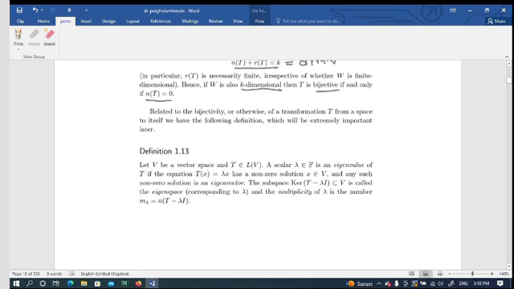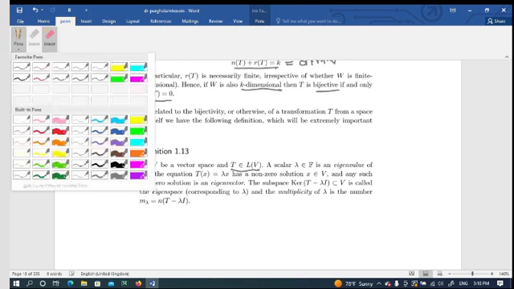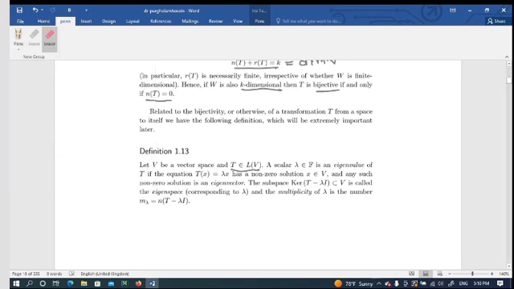Let V be a vector space and T be a transformation from V to V. A scalar lambda in F, the scalar field, and F can be R or C only.